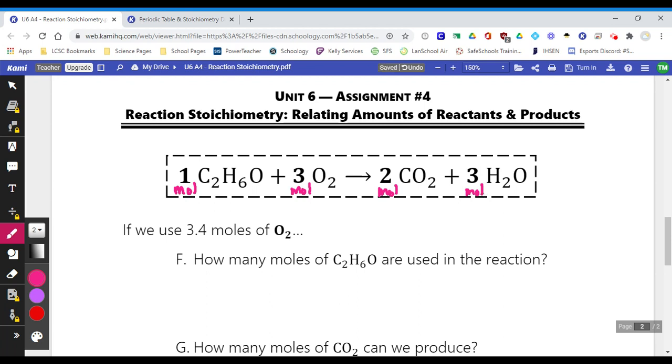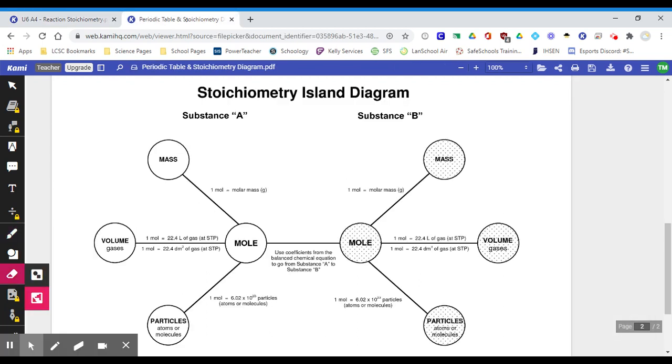So if we use 3.4 moles of O2, how many moles of C2H6O are used in the reaction with it? Well, we want to do a conversion from moles to moles of something else. So I'm going to refer to a little stoichiometry island diagram here.